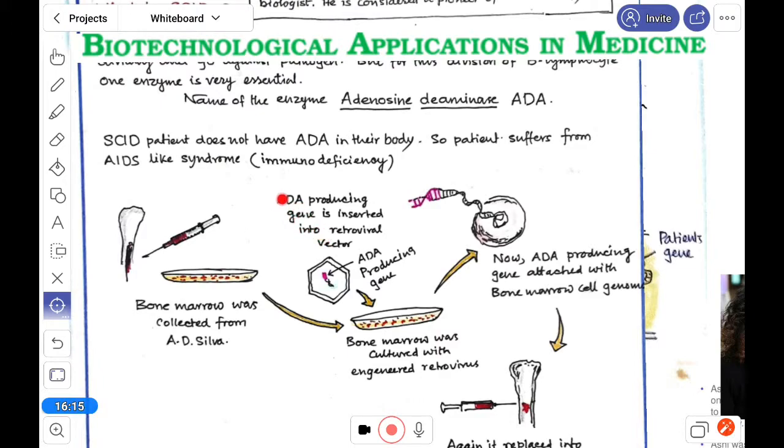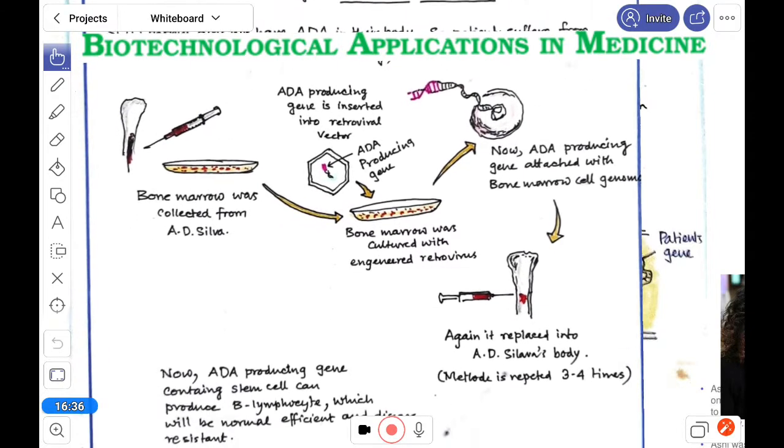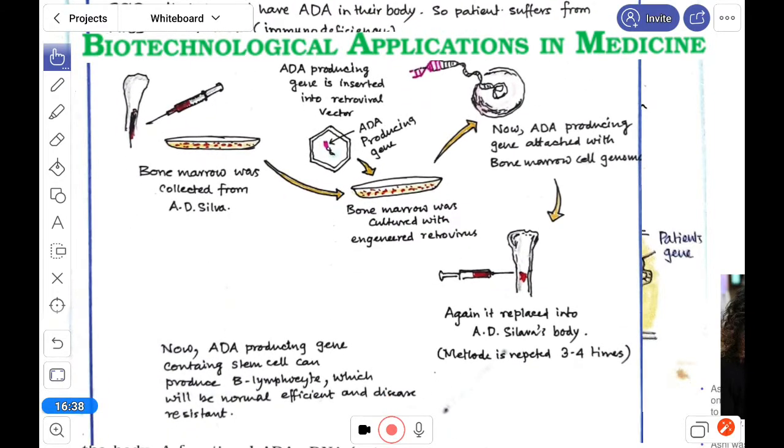Then when it goes inside the cell, this ADA producing gene is attached with the bone marrow cell. Then again we inject it back, replaced into the body of that patient, Ashanti De Silva's body. This method is repeated at different places of the body, 3-4 times.